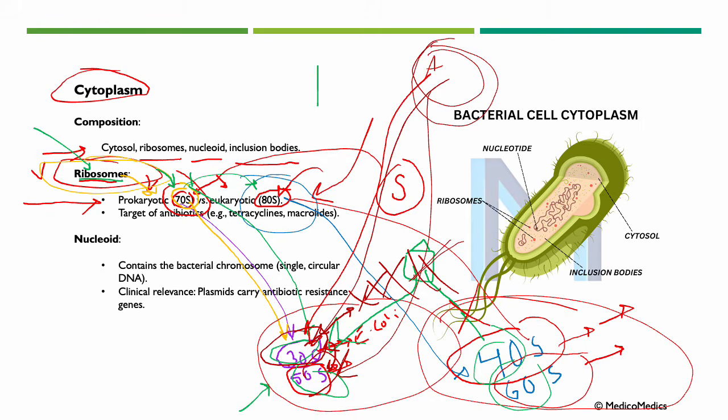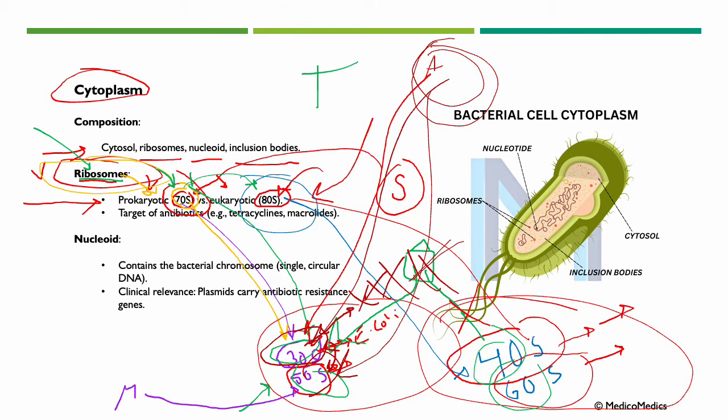Another group of antibiotics are tetracyclines, for example doxycycline. What they do is they also bind to the 30S subunit, but they prevent the attachment of the aminoacyl tRNA, thereby inhibiting protein elongation in the bacteria. Another group we could mention is macrolides, like erythromycin. They bind to the 50S subunit of the bacterial ribosomes.